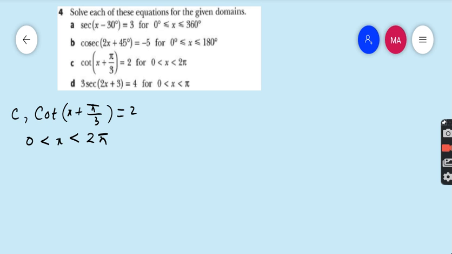Students, you can see that the domain is given in terms of pi. Pi means now the angle is given in radians.